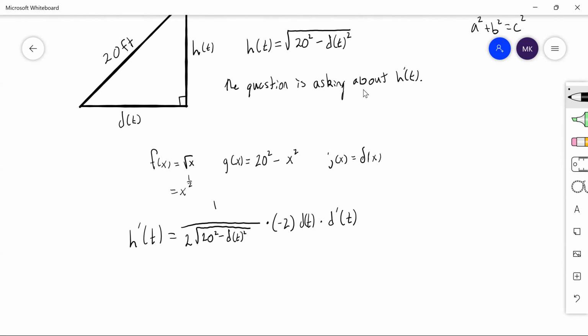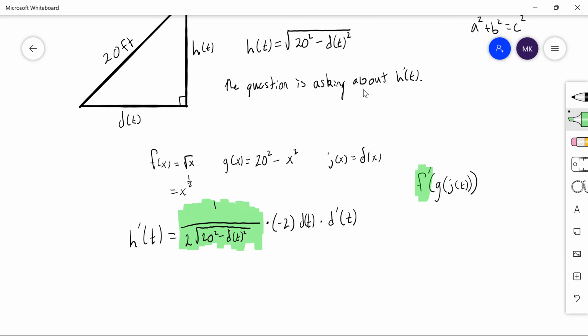That d prime of t, could you go over where that came from? Is that just the implicit? Yep. So that's just the derivative. This first piece here is essentially f prime of g of j of t.